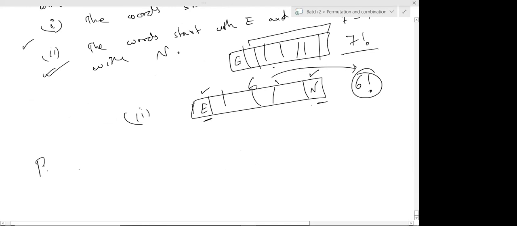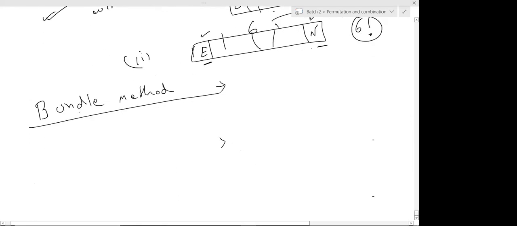Write down bundle method. Right, bundle method. Or you can say keeping things together. Write down the question.